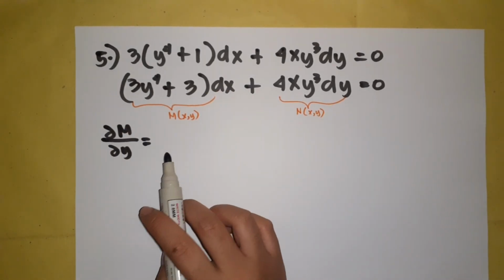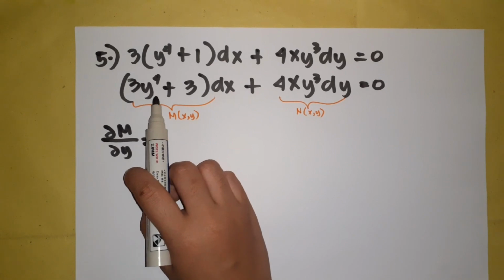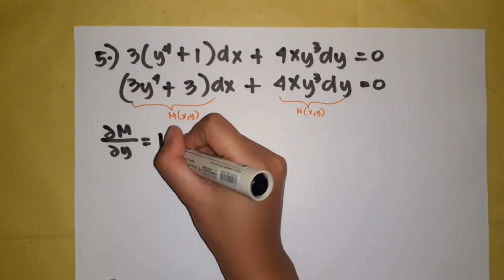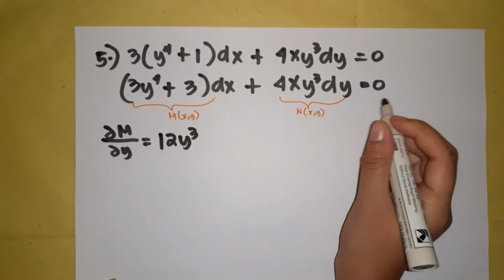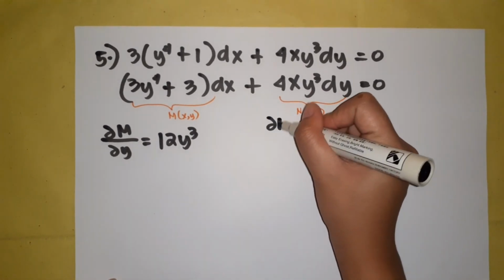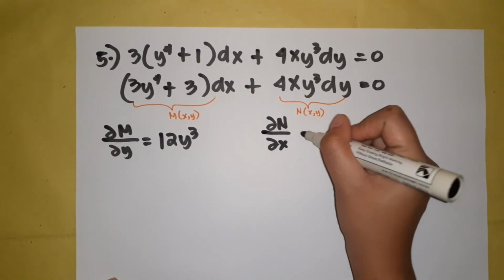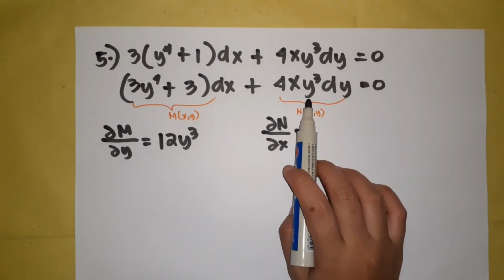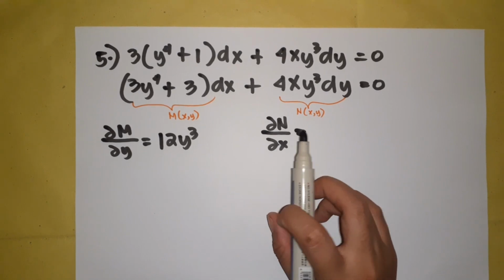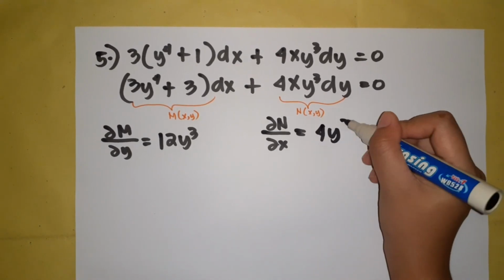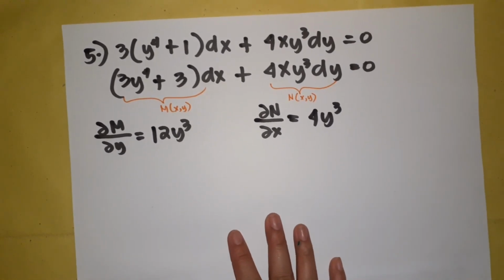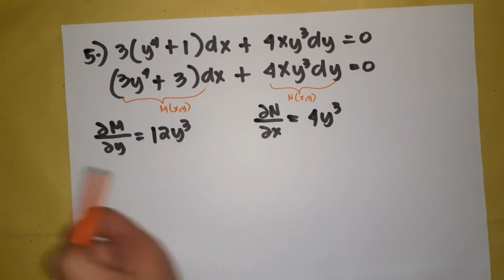The partial derivative of 3y^4 + 3 in terms of y is 12y^3. And then the partial derivative of N in terms of x. The partial derivative of 4xy^3 in terms of x is 4y^3.